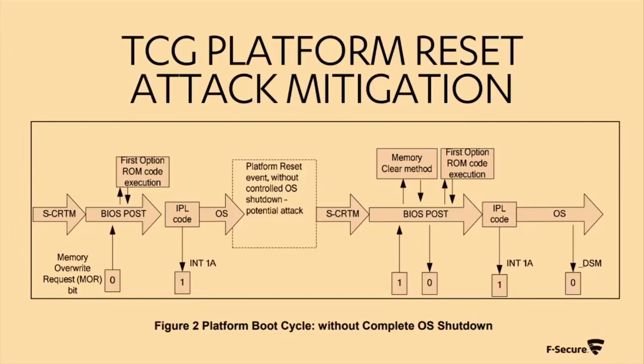And then when the OS crashes, in the normal case, if it was shut down, it would have cleared this bit. But when it crashes, it doesn't clear this. So the next time the computer boots, the BIOS will realize, oh, this bit is still set. I need to clear the memory to make sure that there are no secrets left here. So that's a very easy fix to a complex problem.